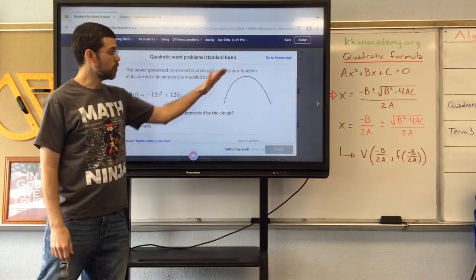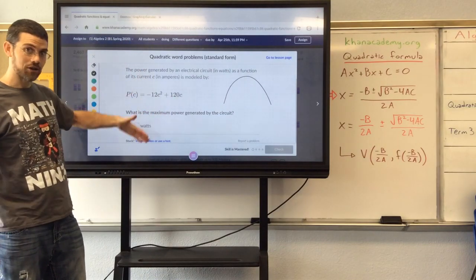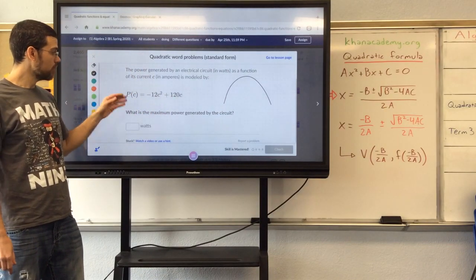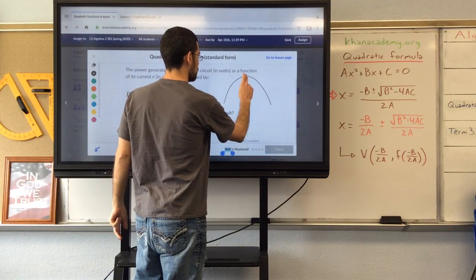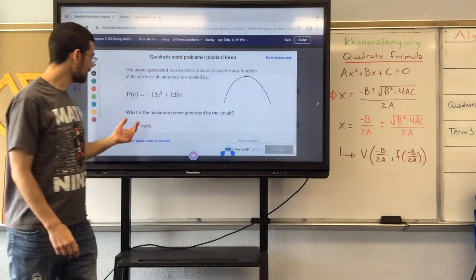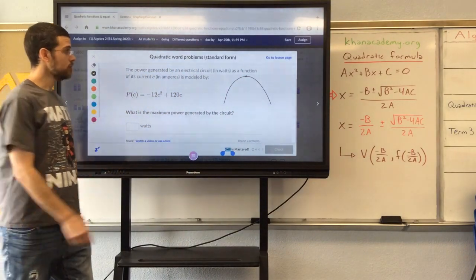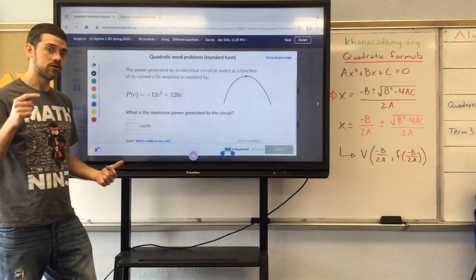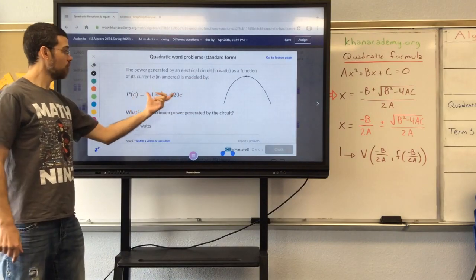So this parabola models the power, that is the y value is the power. The maximum y value would be up here at the vertex. So they're asking us what the power is.